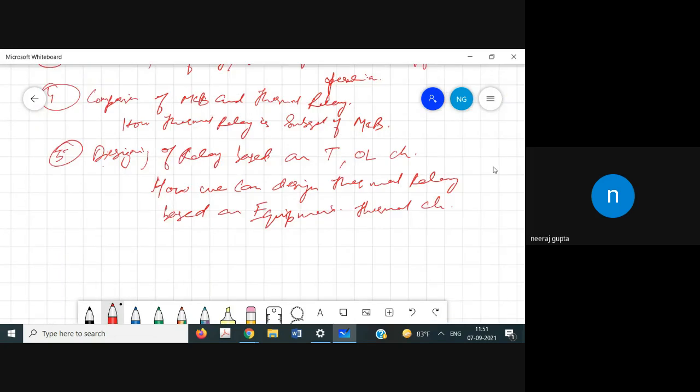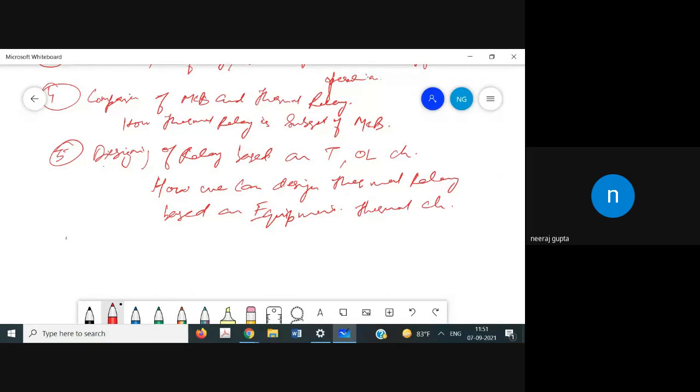And we can ask about why designing of the relay is based on this time over current characteristics, how we can design the thermal relay based on the equipment thermal characteristics, and why the overcurrent relay cannot be used for thermal applications.